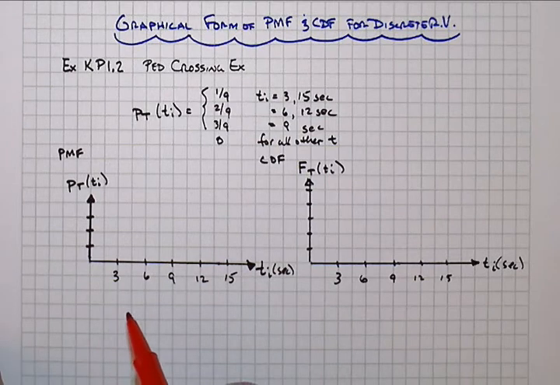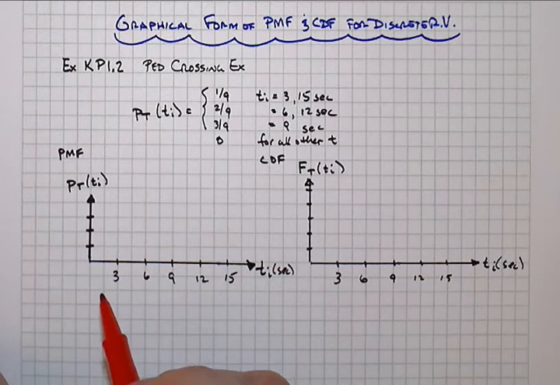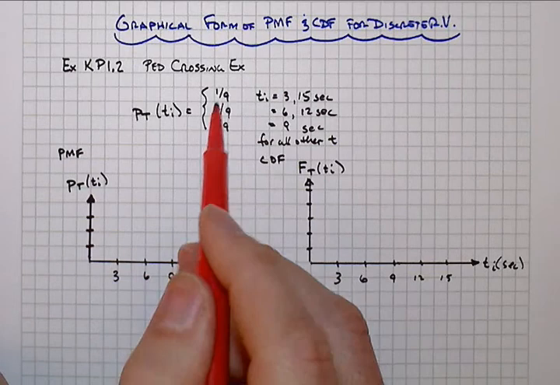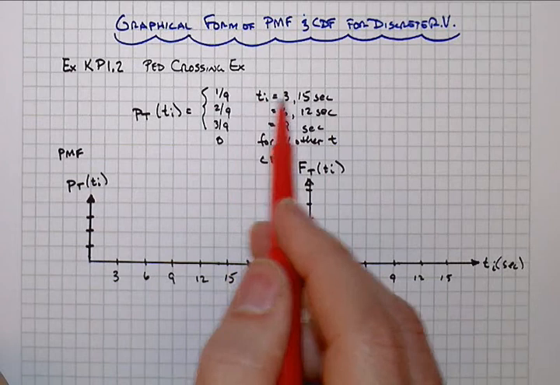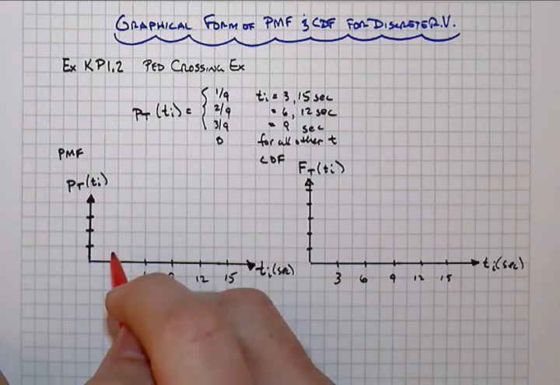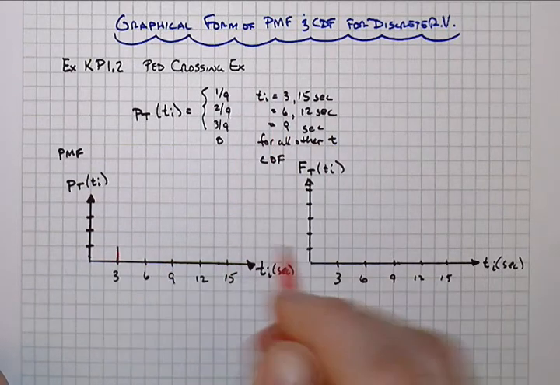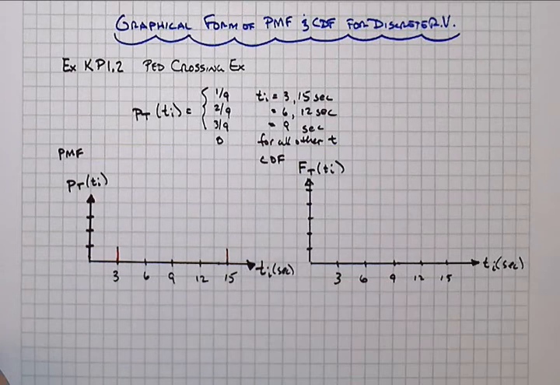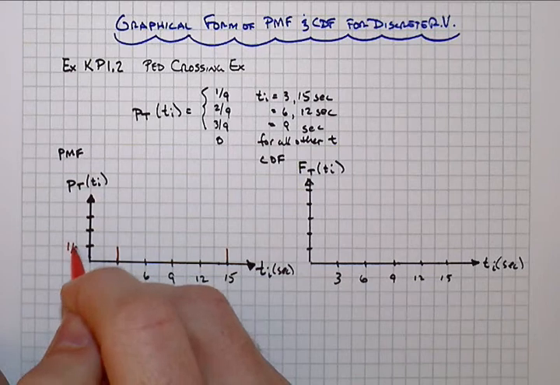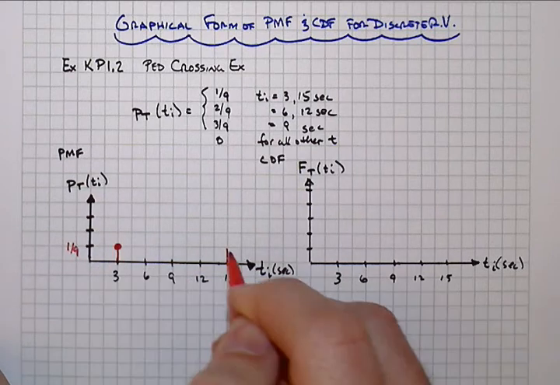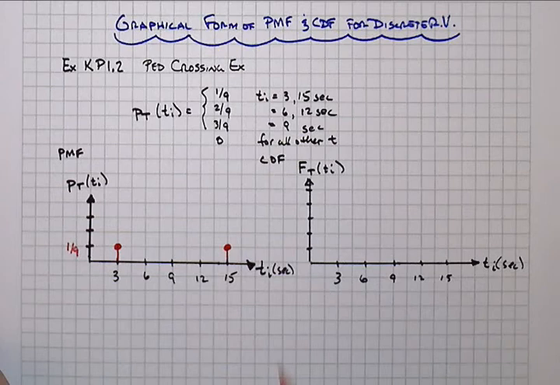The subtleties of how you represent these graphically are that when we plot, for instance, the probability mass associated with Ti equal to 3 or 15, it being 1/9, rather than just put a stick or a dot at the 1/9 value, we make that a lollipop to emphasize that that's a probability mass, a discrete random variable that we're considering.